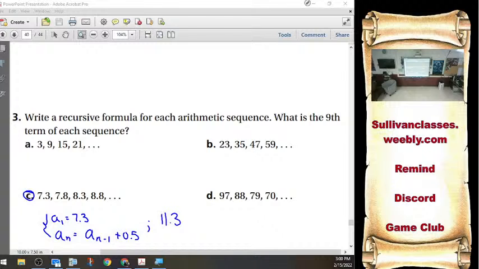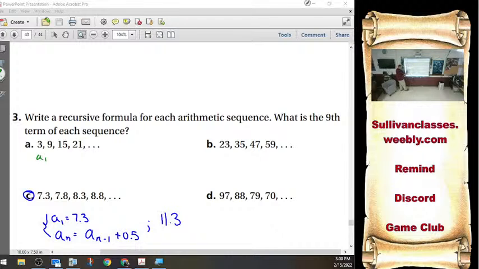Because if 3 is the first term, the ninth term will be 8 more down the road. Exactly what we just told Grace. Okay, this is good thinking because you're starting to head towards the explicit formula instead.